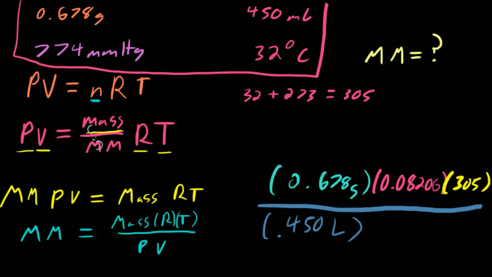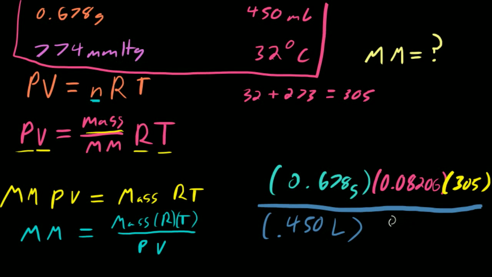And now for our pressure, remember that for the ideal gas constant we're using here, to be able to use 0.08206 as our R, we have to have pressure in atmospheres. And right now we're given pressure in millimeters of mercury. It's no problem to convert this, because we know that 760 millimeters of mercury is equal to 1 atmosphere.